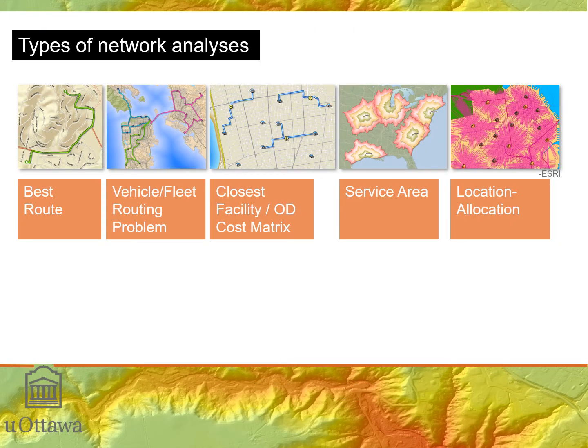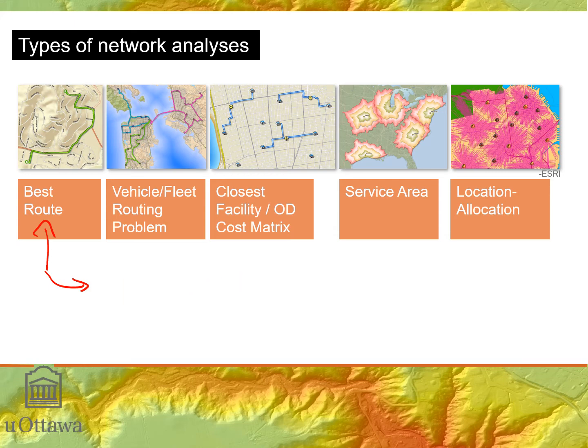Now, there are a number of types of network analysis, and we'll look at each of these. We have best route, and this is something you're familiar with on Google Maps. Google Maps does best route, and it determines that through time, how long it's going to take to get from one place to another.